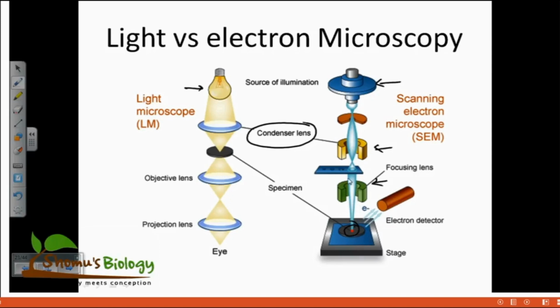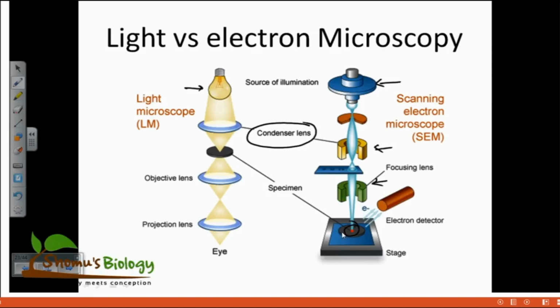So once it is narrowed down to the specimen level here, this electron detector is present very close to the specimen level. Once the condensed electron beam is hitting the surface of the specimen, some fates of the electron can take place: reflection of the electron, release of the electron, or absorption of the electron.